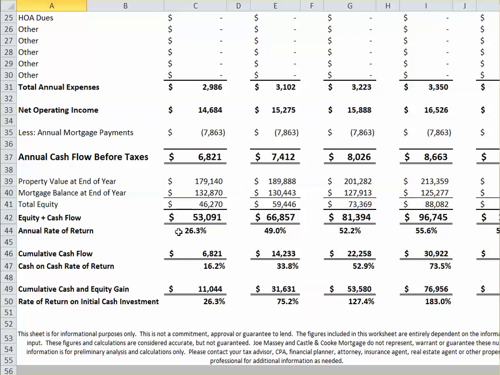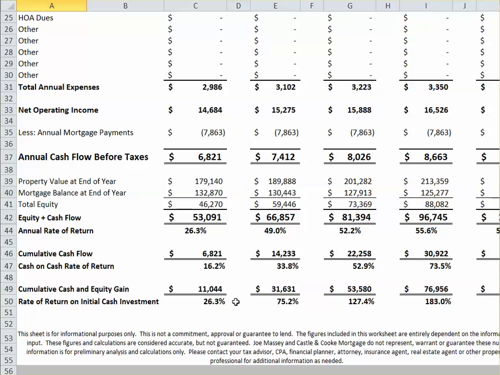You put all that together, and you are actually worth $53,091 after year 1, which is 26.3% more than when you started. Again, your cash on cash return was 16.2%. Your cumulative cash and equity gain, you made $11,000, which comes out to 26.3%.